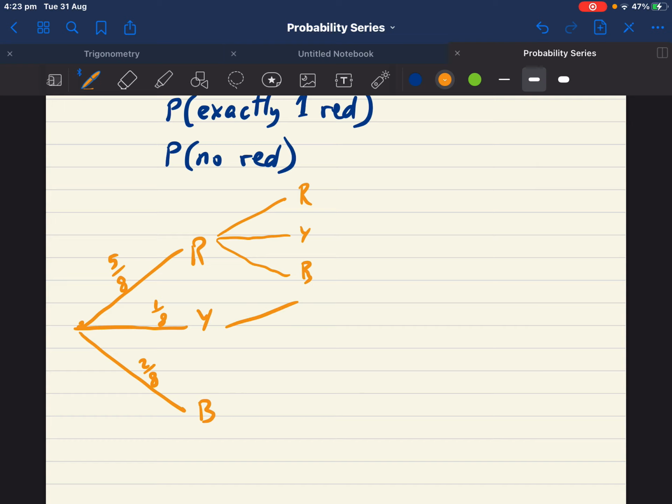And I was going to only put 2 arms for this middle one, but it doesn't make a difference. Let's just say we don't look ahead, and the second ball we pull out, you've got an option of red, yellow, or blue. Some of you are probably already knowing why I only wanted to include 1 arm on that middle one. But anyway, we'll get to that. 2 arms on that middle one.